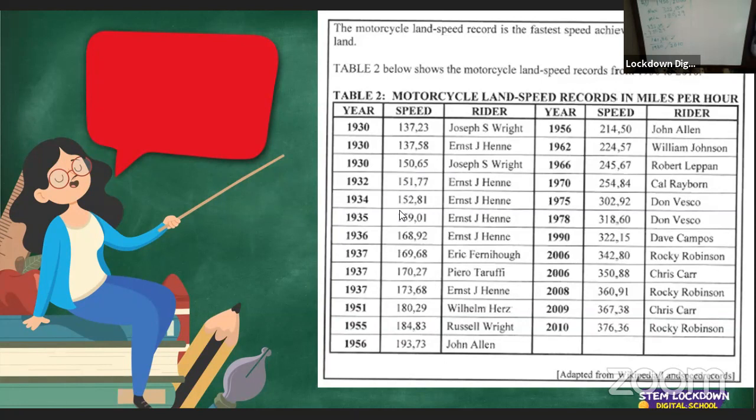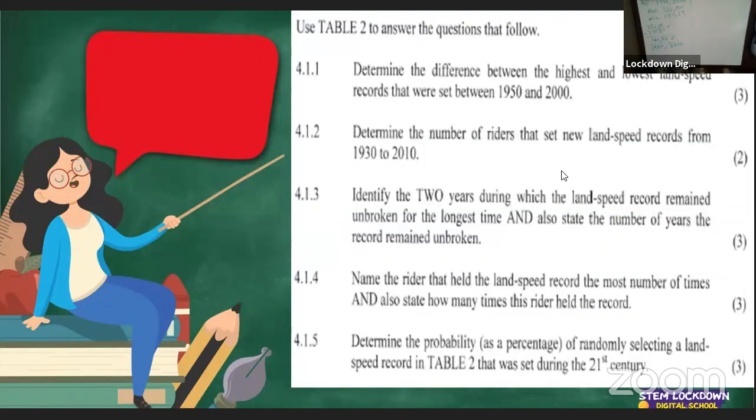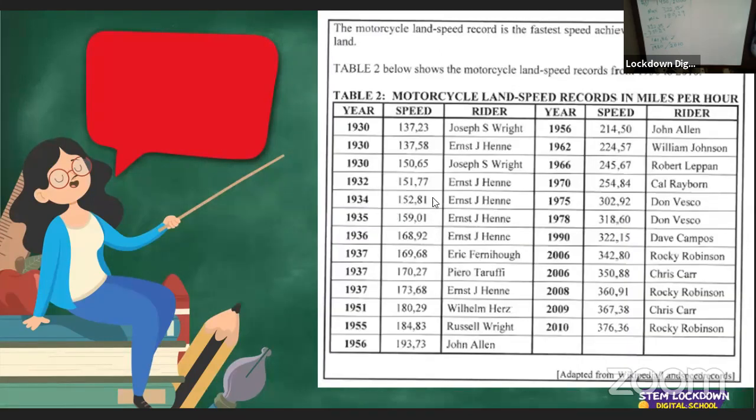So it says determine the number of rides that set new lane speed record. So we are looking for the time that the previous record was broken. So we have this as the first one. So you can use tallies, guys, if you are afraid to make a mistake.